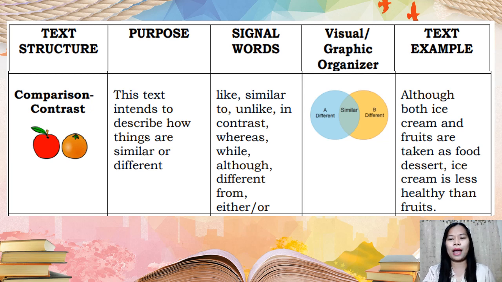Although both ice cream and fruits are taken as food dessert, ice cream is less healthy than fruits. In this text example, we are comparing and contrasting, or finding the similarities and differences, of two items, which are ice cream and fruits. So that is comparison and contrast.